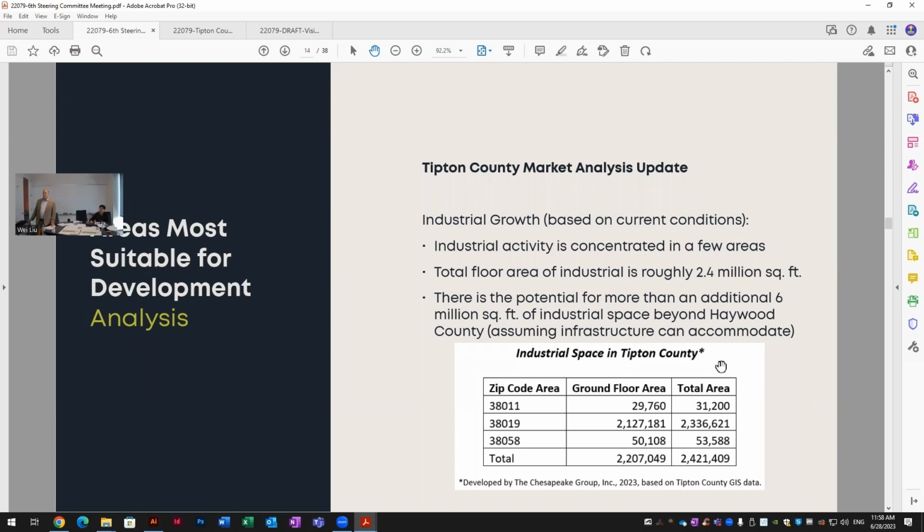We have a constraint in our region. It's not as severe in Tipton as it is in Haywood, for example. In Haywood, we don't have the bodies and the infrastructure necessary on the ground to simply build houses wherever we want at the scale we want to build them. Tipton has some of those constraints as well.